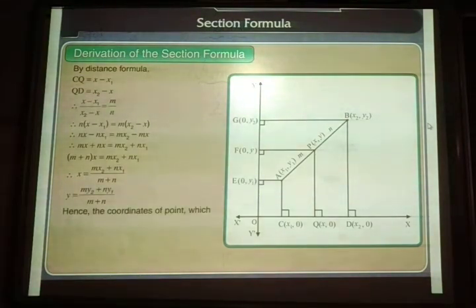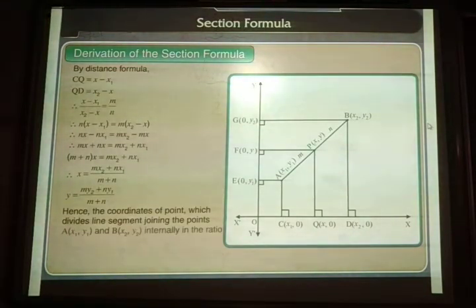Hence, the coordinates of the point which divides the line segment joining the points A (x1, y1) and B (x2, y2) internally in the ratio m:n are given by (mx2 plus nx1) upon (m plus n) and (my2 plus ny1) upon (m plus n). This formula is valid for any position of the points A and B.